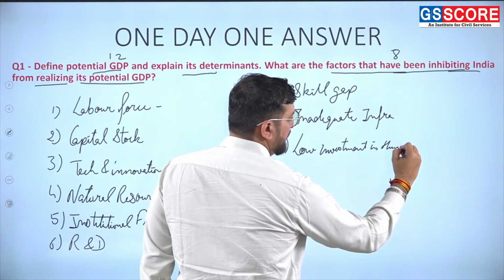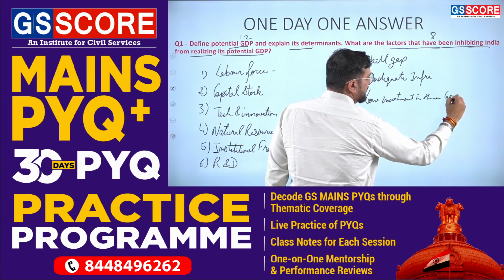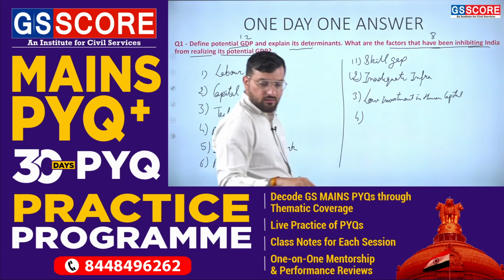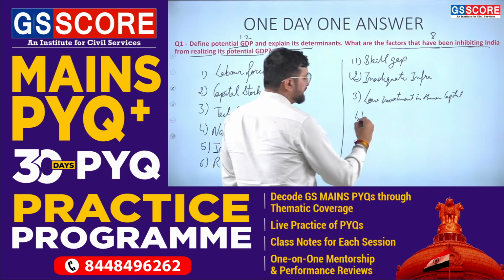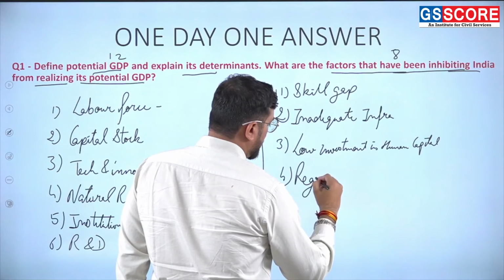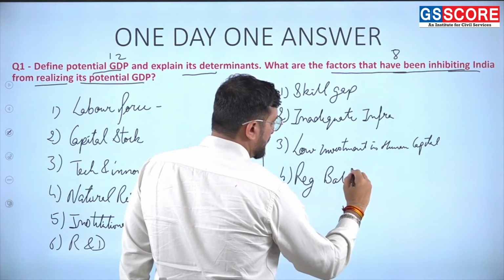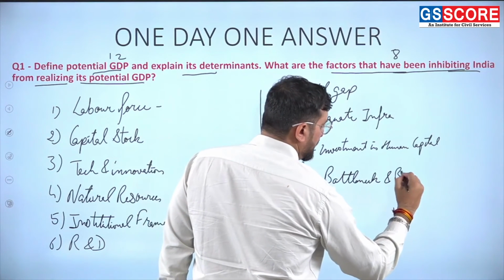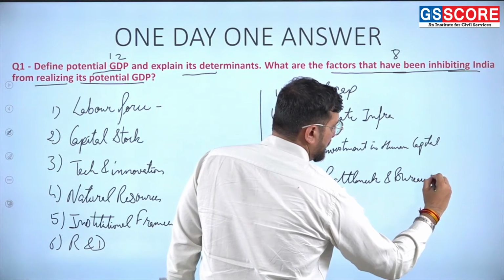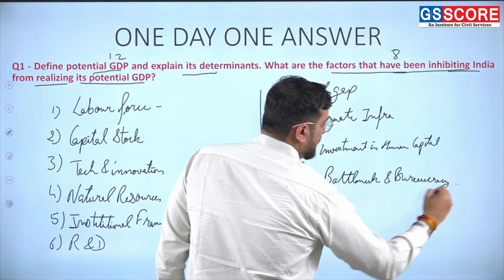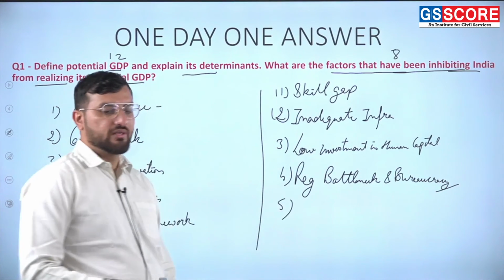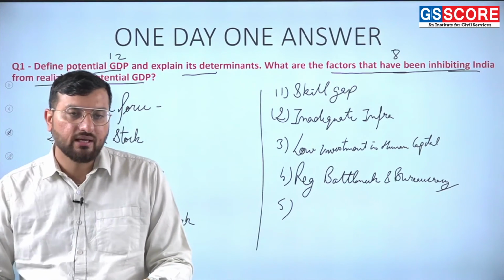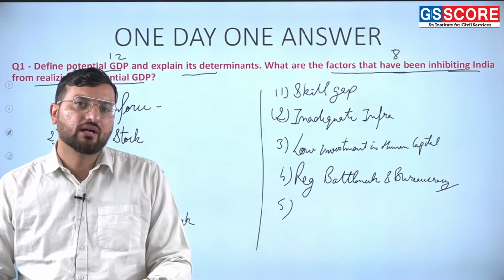Investment in human capital, then bureaucracy is there. Then limited access to credit and finance is there. Small companies are not able to get funds easily.